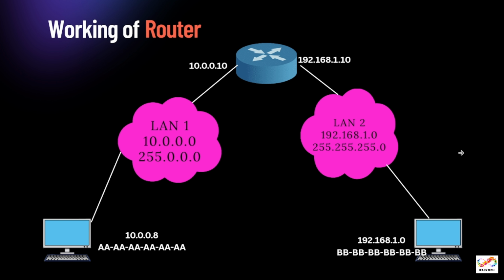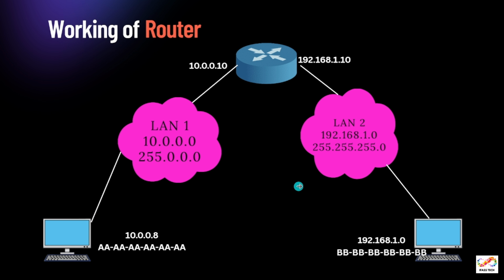Now let's understand how routers work with a clear example. Assume we have two different networks. One network is 10.0.0.0 and network 2 is 192.168.1.0. If a device has an IP address starting with 10, it belongs to network 1.